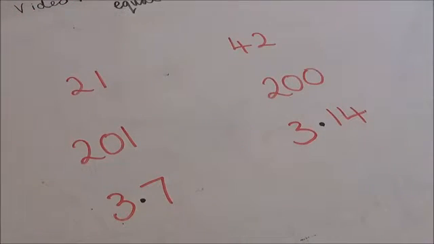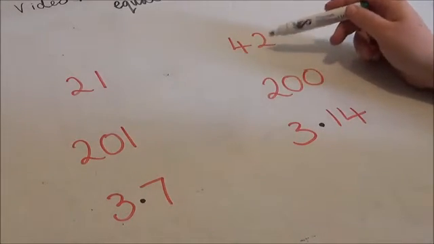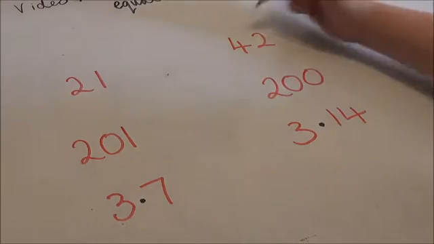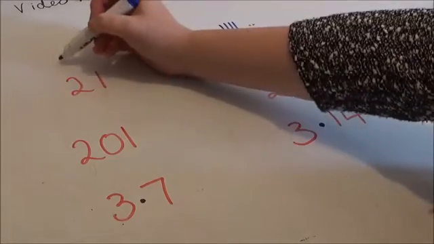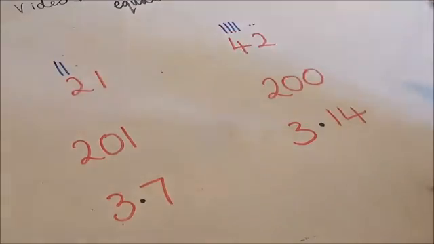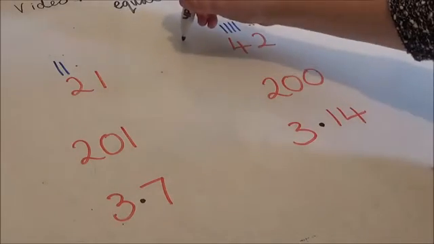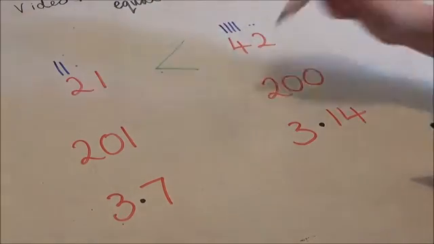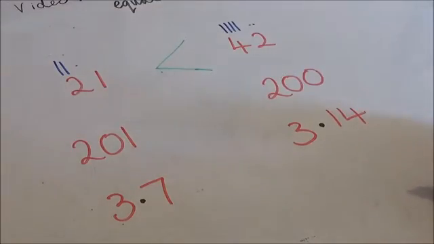Right, here are some examples for us to go through together. So I've got the number 21 and 42. We know that 42 has got 4 tens and 2 units. 21 has got 2 tens and 1 unit. So clearly 42 is the biggest number. So we're going to use the symbol with the largest opening facing 42 because that's the largest number.